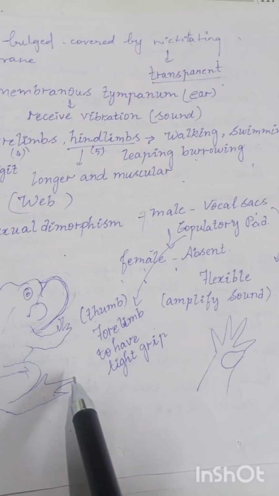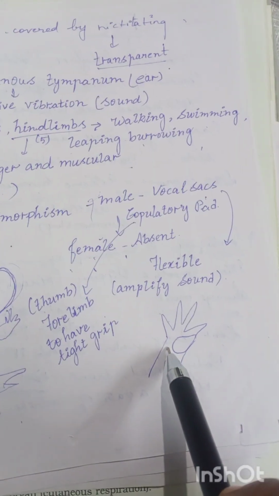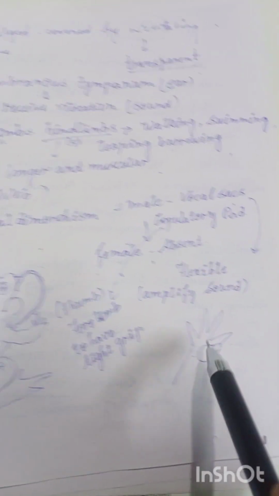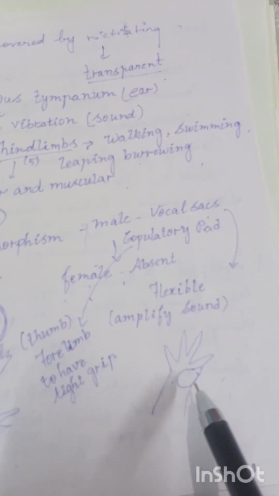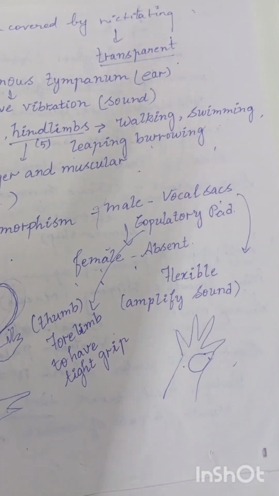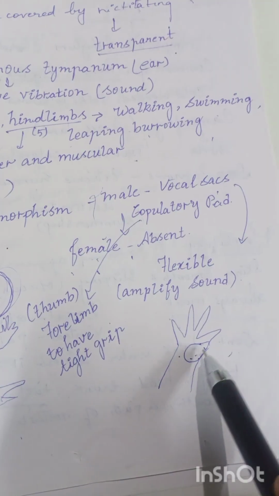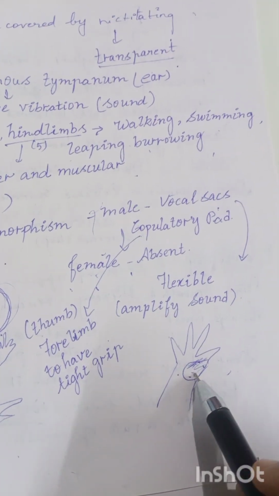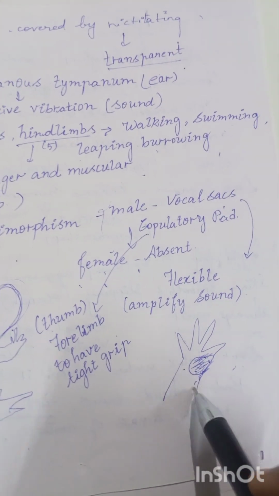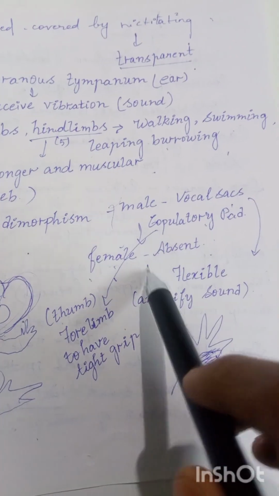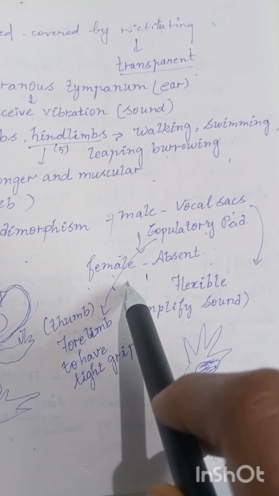And the copulatory pad. In the forelimb, on the thumb, the frogs will have some pad-like structure which will provide a tight grip. So these two structures are usually absent in the female.